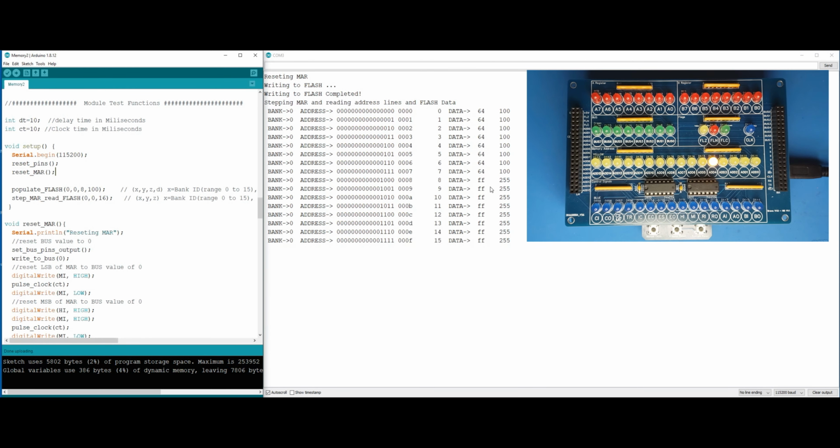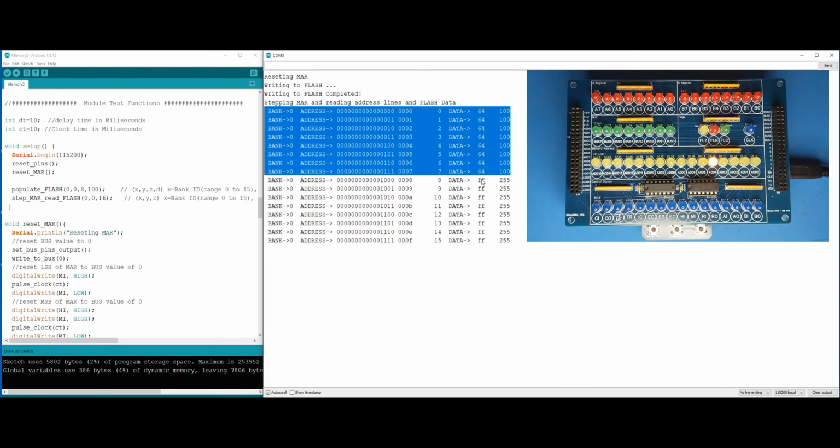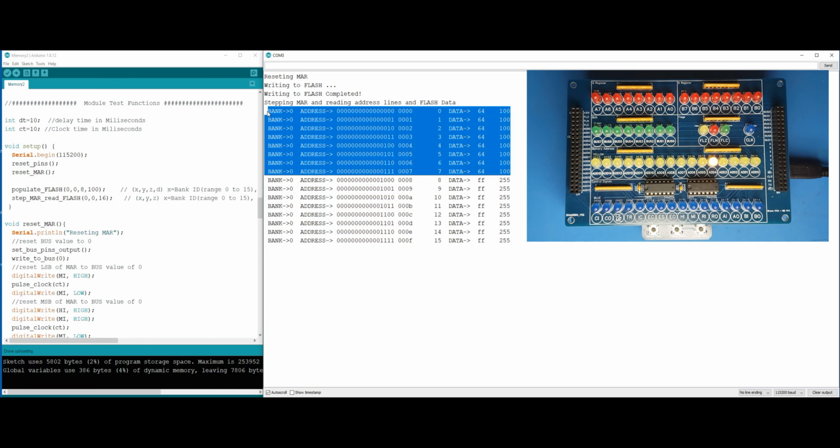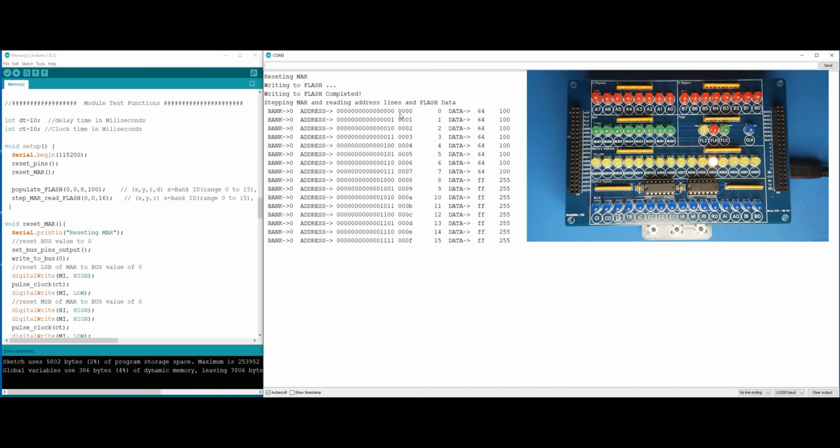And now you see that in bank 0, sector 0, we have written a value of 64 for 8 bytes. And as you can see, the rest of the memory locations still have a value of 255, which is just the default value. So it clearly shows that we were able to successfully write to the first 8 bytes of bank 0, sector 0.